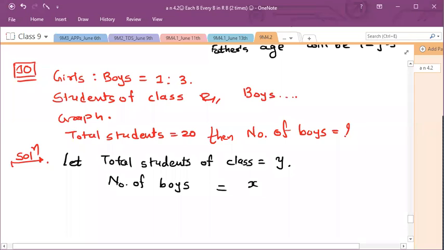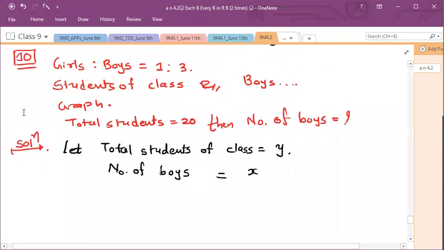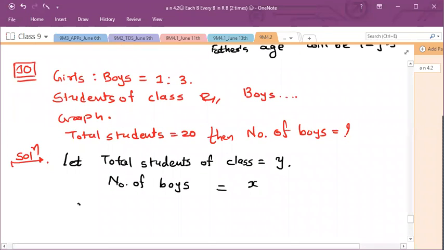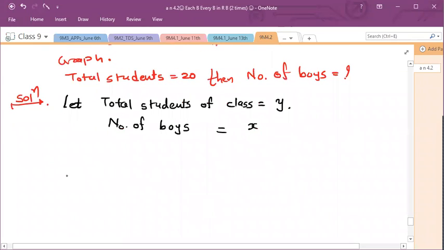See over here. If girls to boys ratio is 1:3, then the number of girls divided by the number of boys is equal to 1/3.